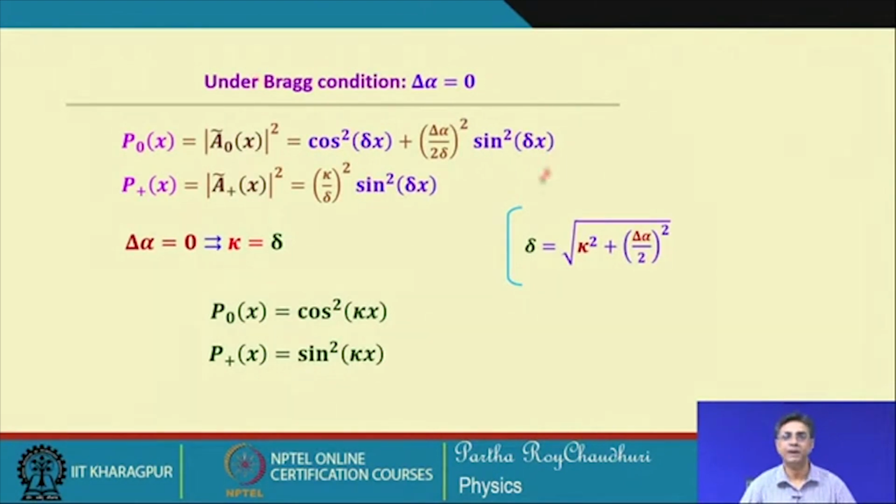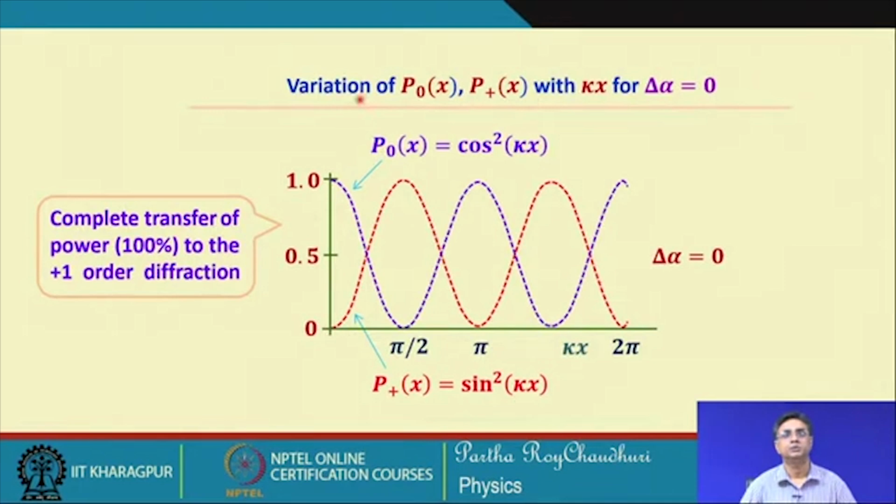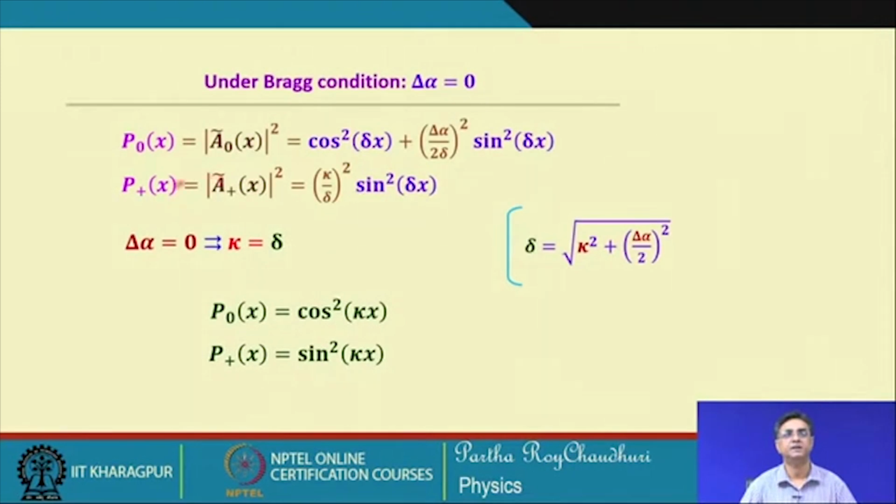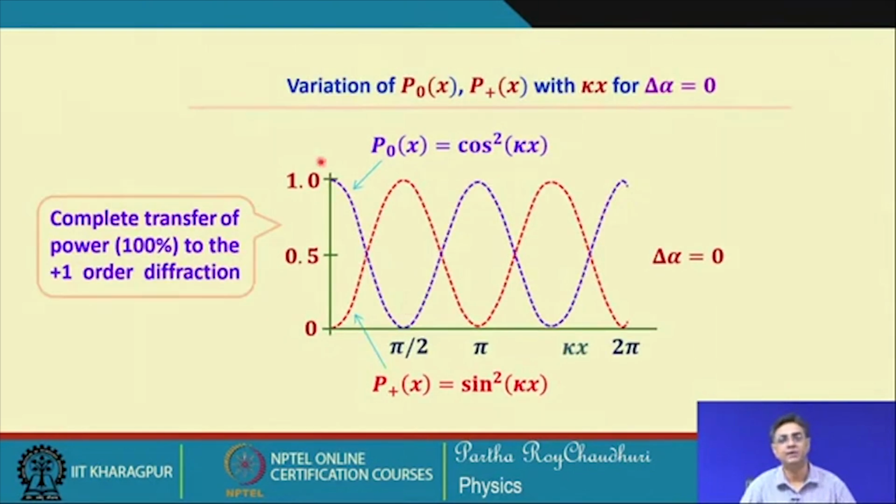Under this Bragg condition, delta alpha equals 0, kappa equals delta, it gives you this value. So, again we consider this Bragg condition, and the power variation is represented by this between the diffracted plus order and the 0th order wave.